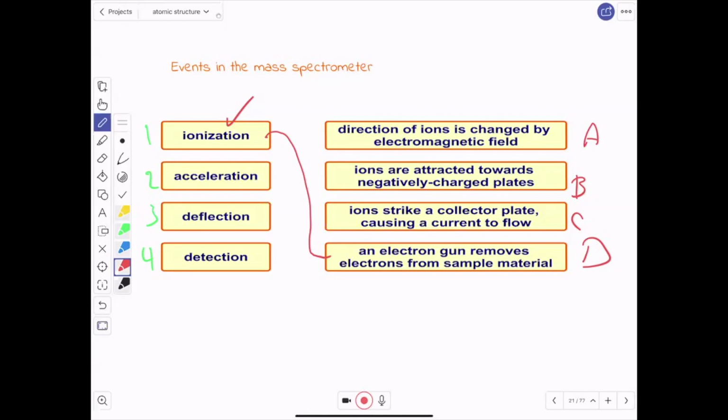What did we use to accelerate? C. Then it's C. B. Deflection, we use the electromagnet, right? A. And then finally we detect them.